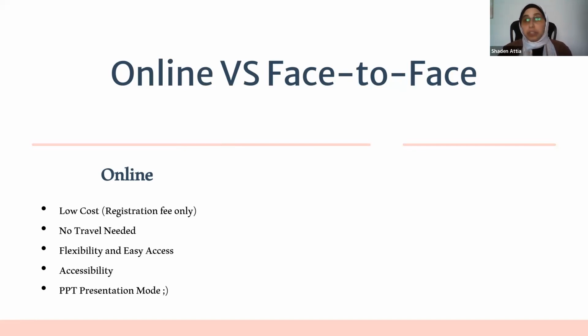It's very flexible and easy to access. For example, this presentation is just on Zoom, so it's very accessible for most people. Also, the PowerPoint presentation mode is a savior because you can see your notes. With face-to-face, it's sometimes difficult because you have to print your notes or memorize everything you'd like to say. But for online, you can use that mode.